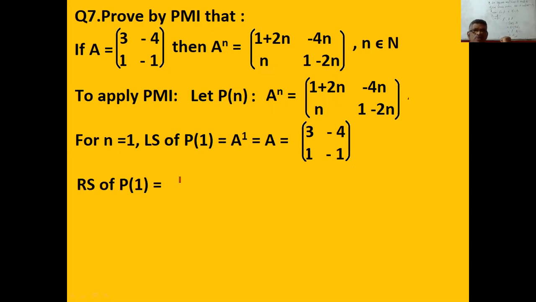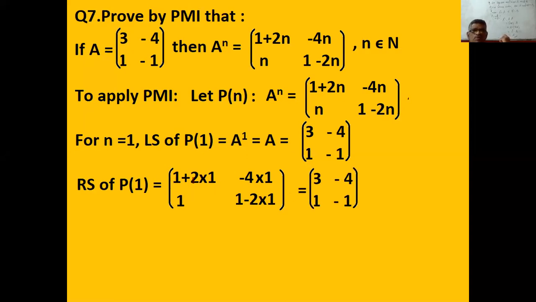The left side of P(1) is A. And the right side of P(1) is, instead of n you put 1, so [1+2 into 1, -4 into 1; 1, 1-2 into 1], which is equal to [3, -4; 1, -1]. Both are the same. That is equal to the left side of P(1).